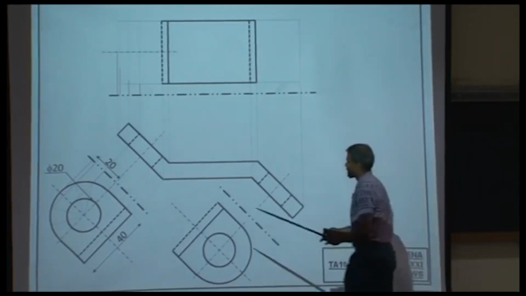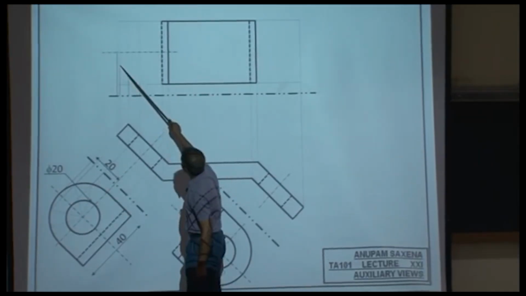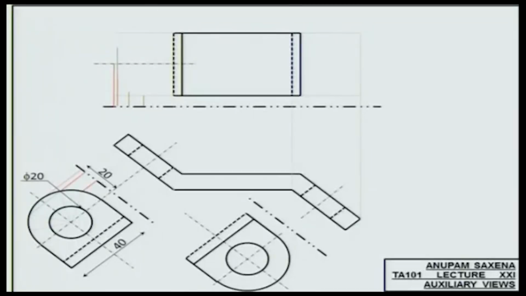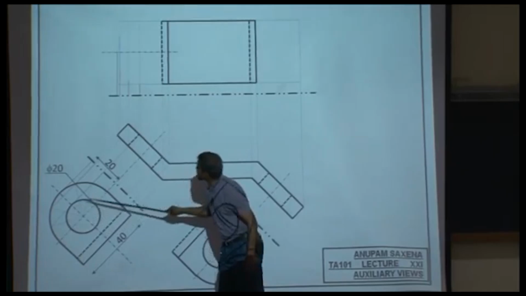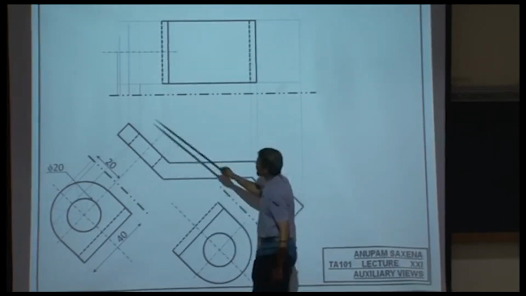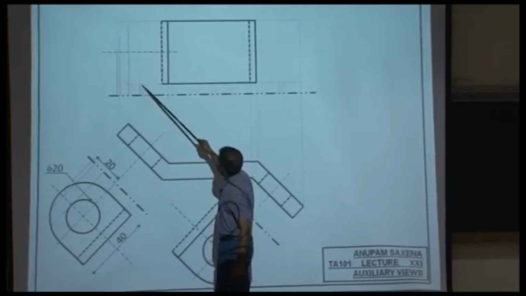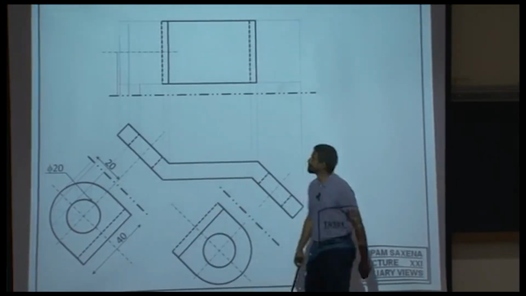Now take this distance and place it over there. Likewise, take this distance, place it over there. So it looks like you have gotten these points to lie on some sort of arc.